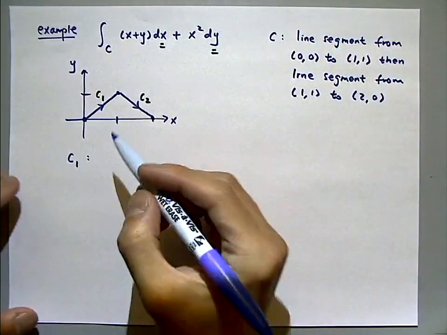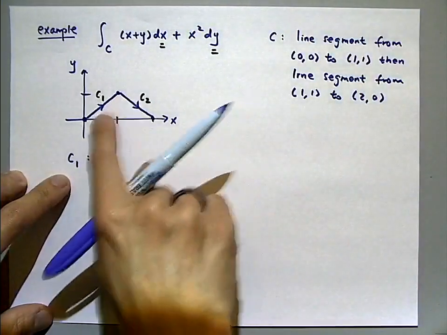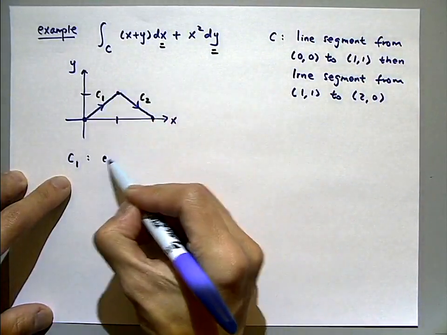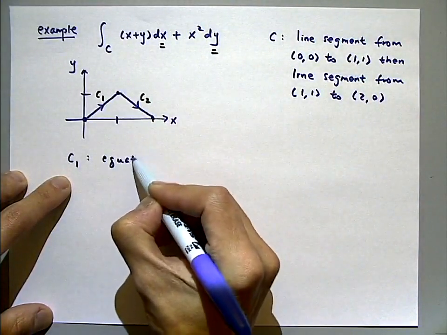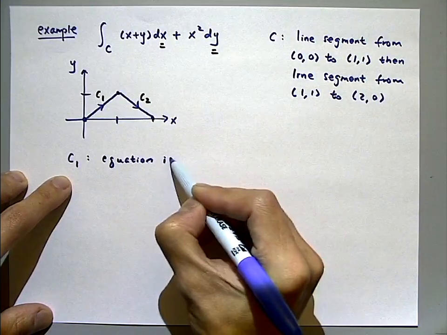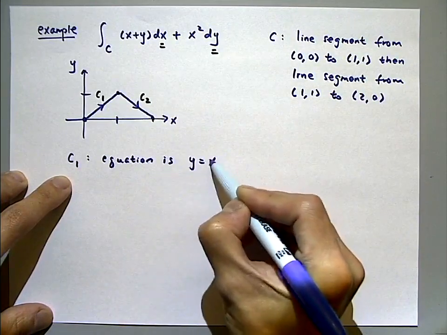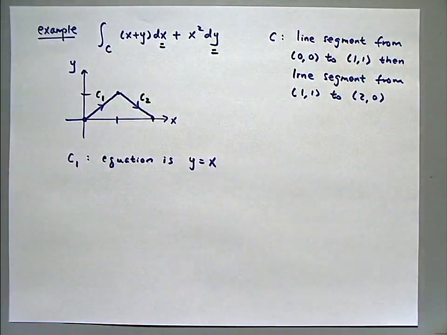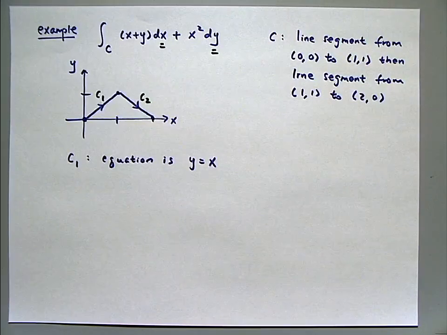Okay? So along C1, the equation is simply y = x. It's a straight line going from (0, 0) to (1, 1). The slope is 1, the intercept is 0. So it's simply y = x.